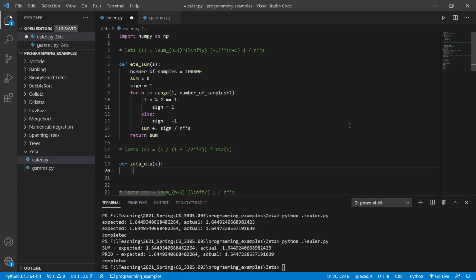Now we have eta over here. It's a reasonably good approximation, so we'll use that for eta. But now we need zeta derived from that, and that'll give us our continued version, the one that's defined in the critical strip.